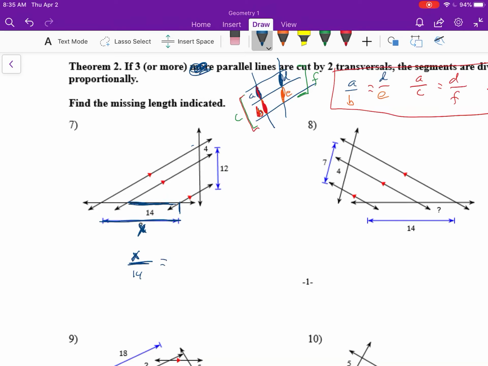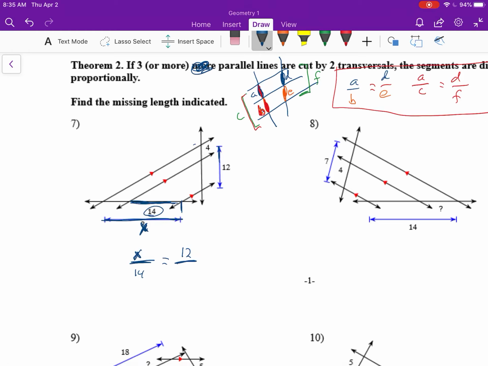equals the whole thing, which is the 12, over, and we have to be careful what corresponds to 14. So look at the 14, look straight across here, and this one corresponds to 14, which we don't have written there, but we can find it because the whole thing is 12. This part is 4. 12 minus 4 is 8.